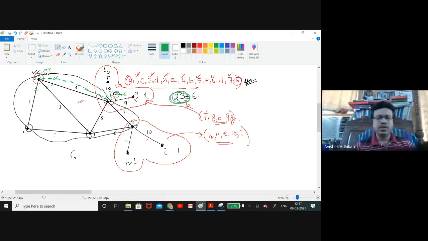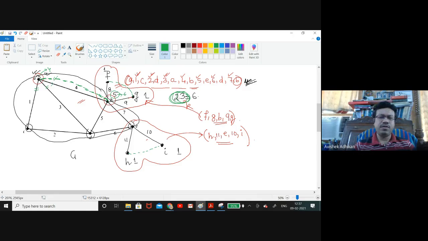Do the same thing: here also I put another edge, and here also I put another edge. Now you can see that the degree of each vertex is even, because they were initially the only odd degree vertices, and now I have paired them up.